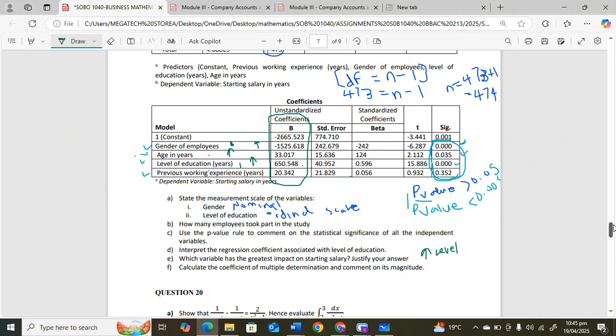Which variable has the greatest impact on starting salary? Justify your answer. For that one, you also come again to the p values. You see which one has got the lower p value. But here, as we can see, for gender of employees and level of education, we don't know which one is smaller at the moment.